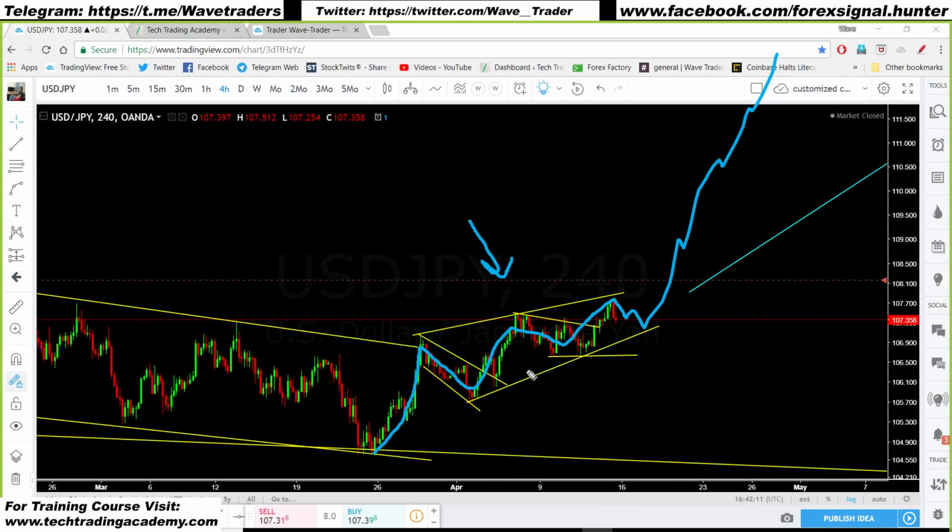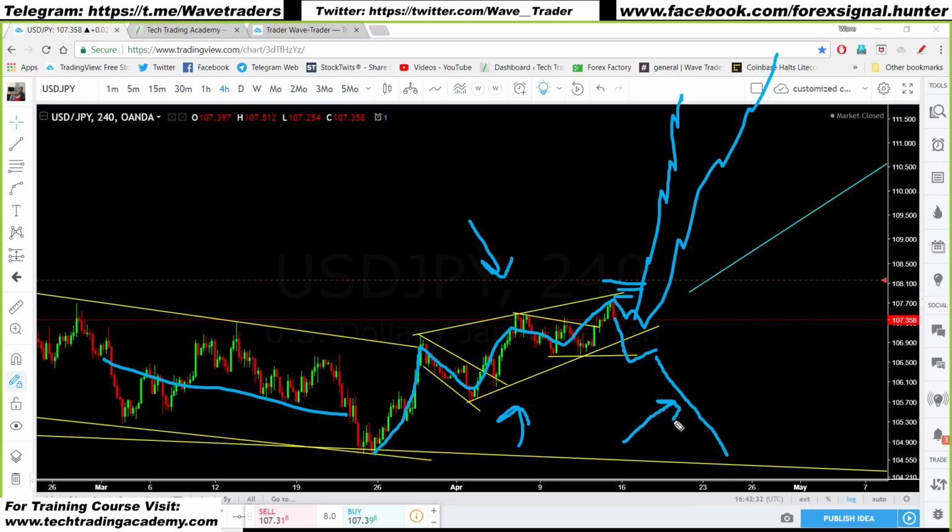When this leading diagonal confirms that it is a reversal, that is the end, when price starts to rise aggressively. If price is not rising aggressively and is struggling for upside, we have one more drop back to that bottom.